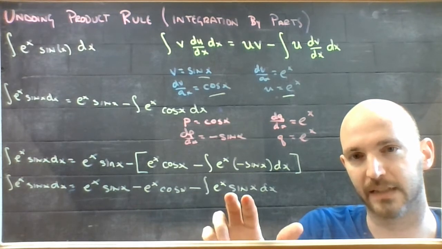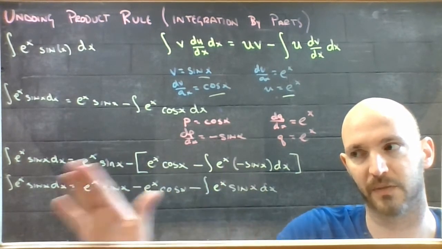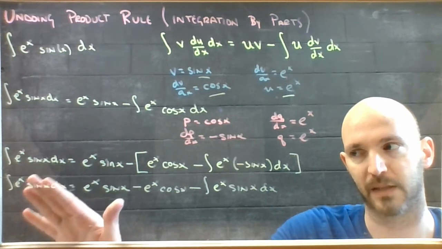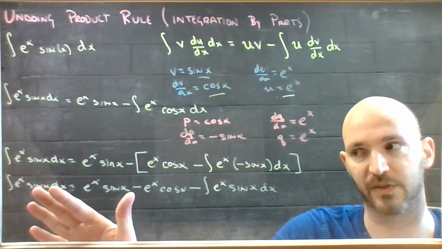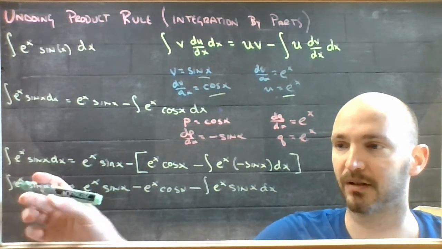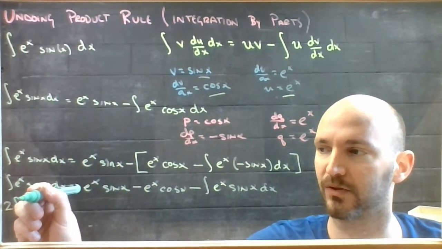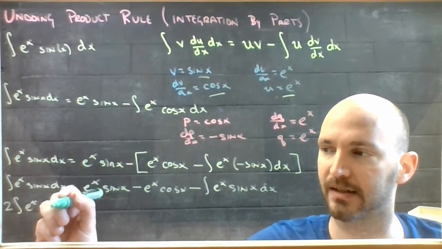If I added this to both sides, it wouldn't be here anymore. It'd be over there. And because they match, I wouldn't just have two separate integrals. I would have this one plus that one, which is two integrals of e to the x sine x dx.